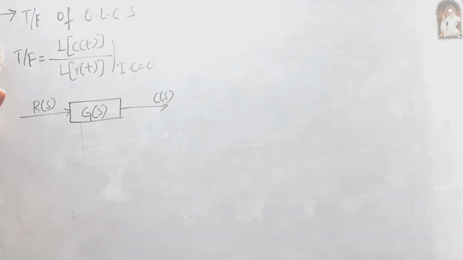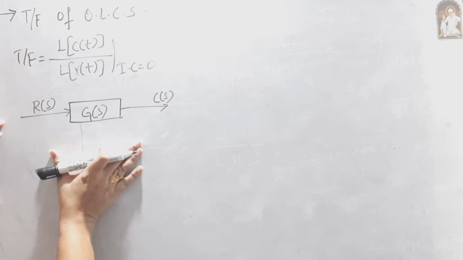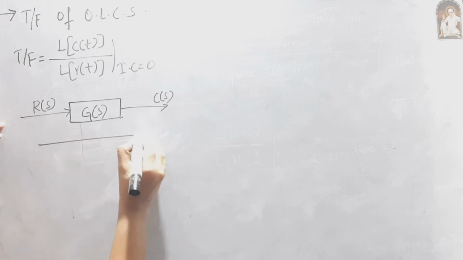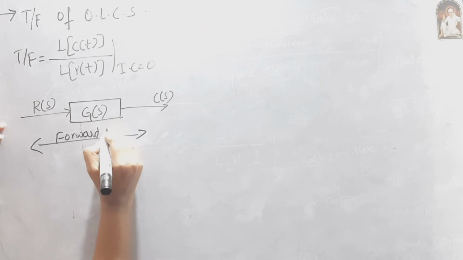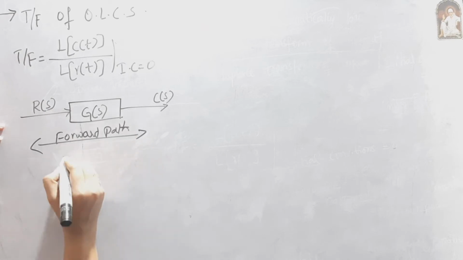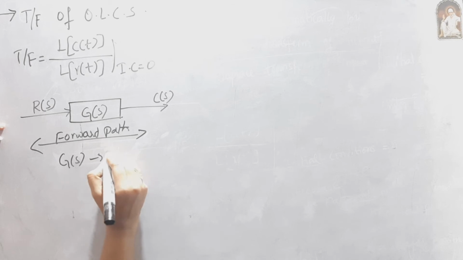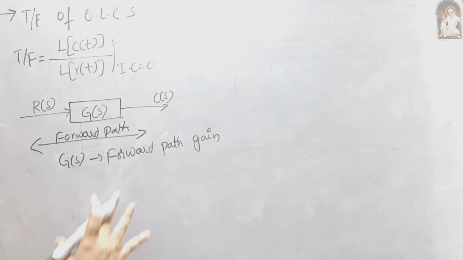Let's derive the transfer function of open loop control system. Here is the basic block diagram of the open loop control system. This whole thing is nothing but the forward path, and G of S is called the forward path gain. C of S is output and R of S is input.